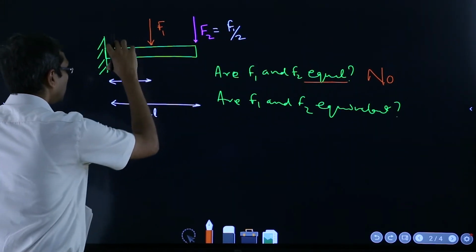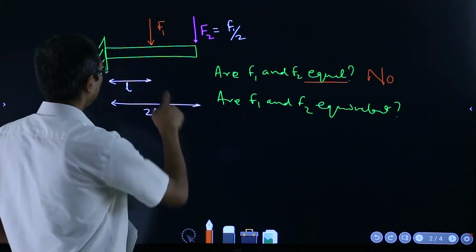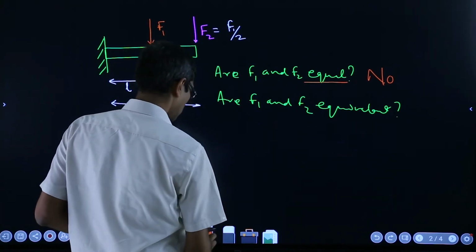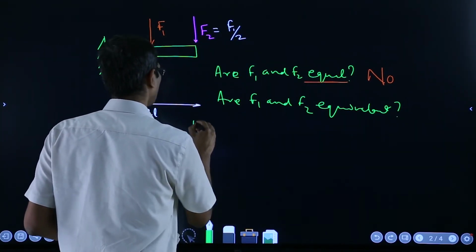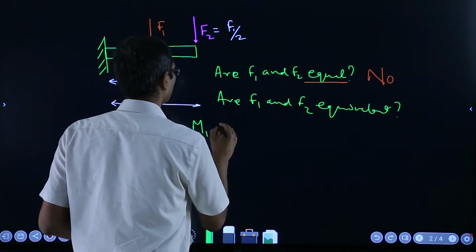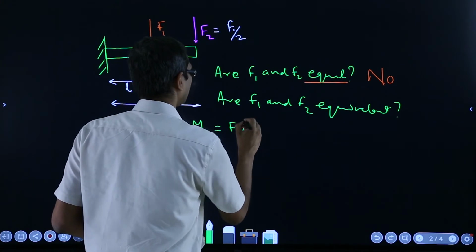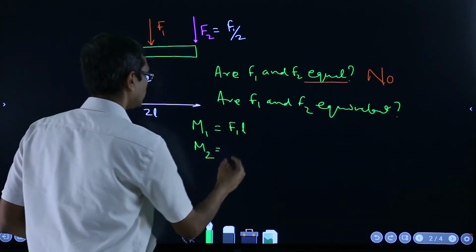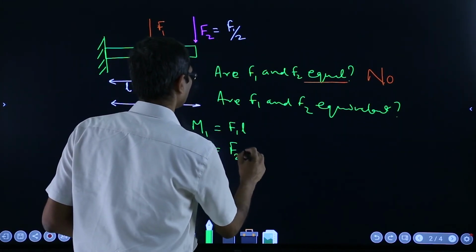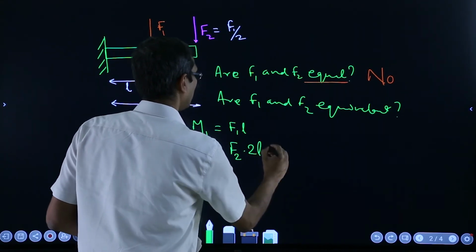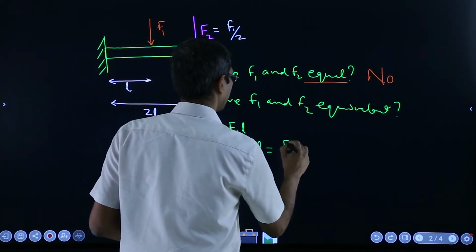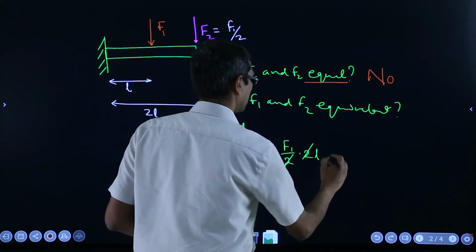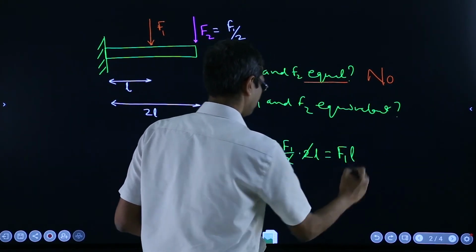So it will try to twist it, and that will be the moment of this force about this point, which will be equal to, say, moment due to 1 is equal to F1 times L, but moment due to 2, or moment 2 due to F2, is equal to 2 times L, but F2 here is F1 over 2 times 2L, and these two cancel out, you get F1L.